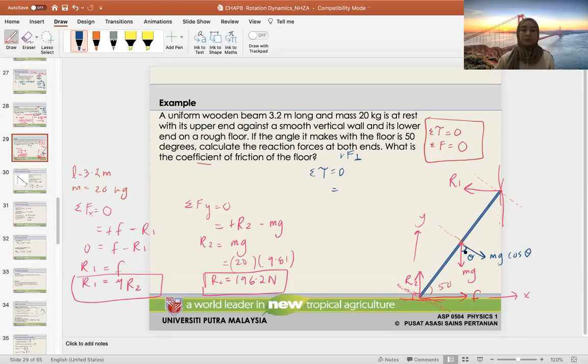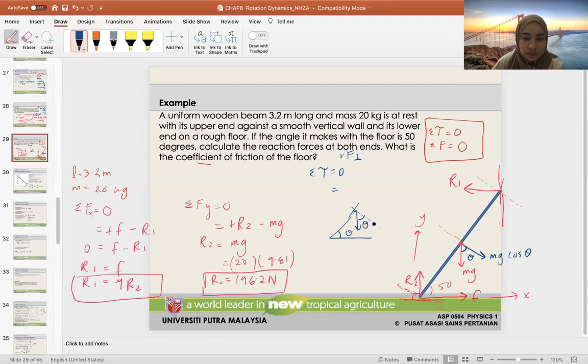Before that, how did I know this angle was theta and not 90 minus theta? If you guys remember, we had an incline from chapter 3, chapter 4, chapter 5. We had an incline, and when there was an mg in our free body diagram, we resolved it.